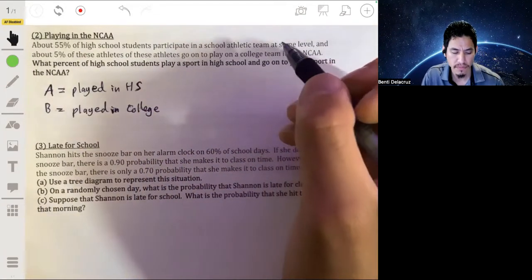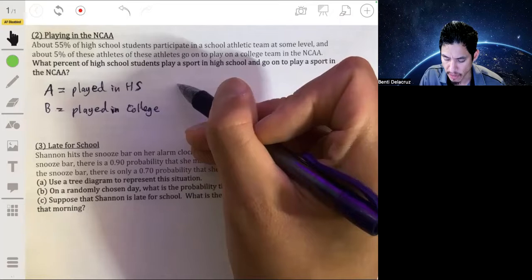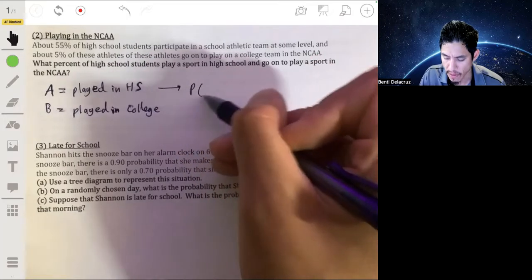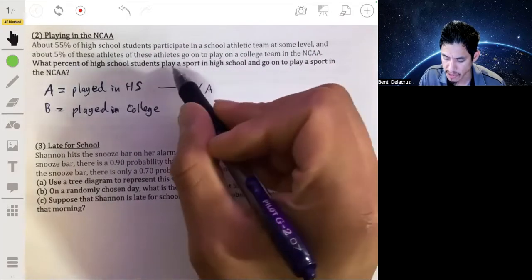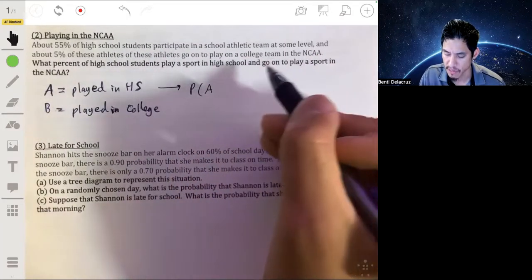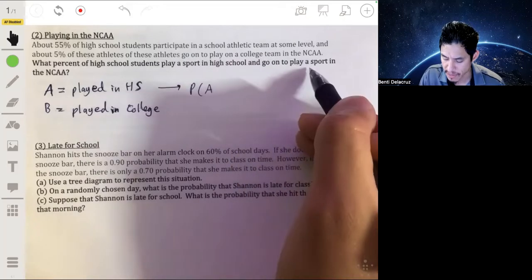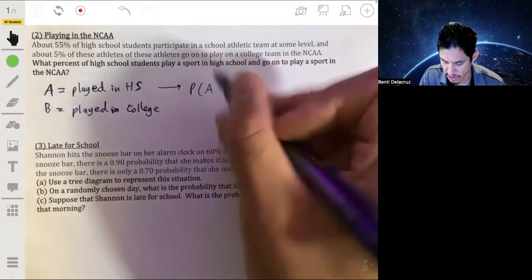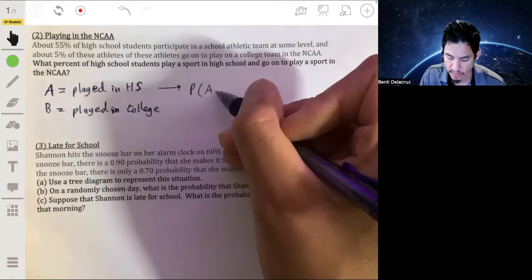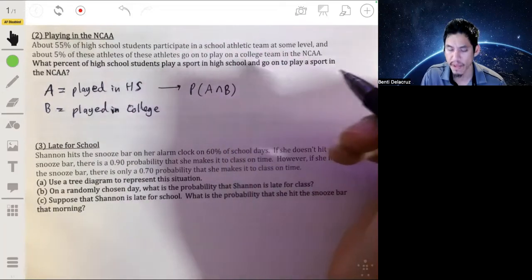So we're finding the probability of A and B, because it's saying play a sport in high school and play a sport in college, or in the NCAA. Probability of A and B.